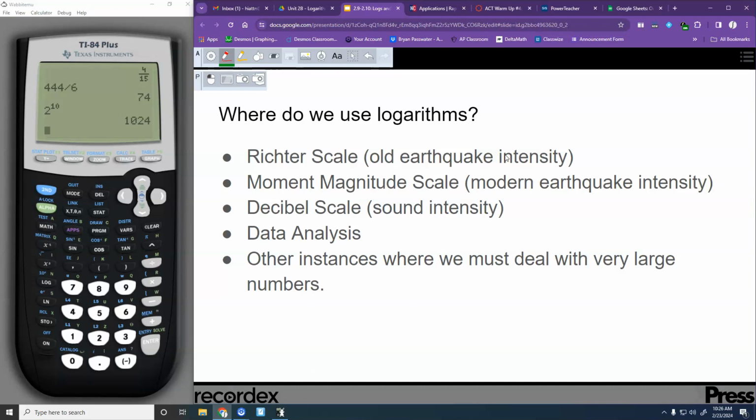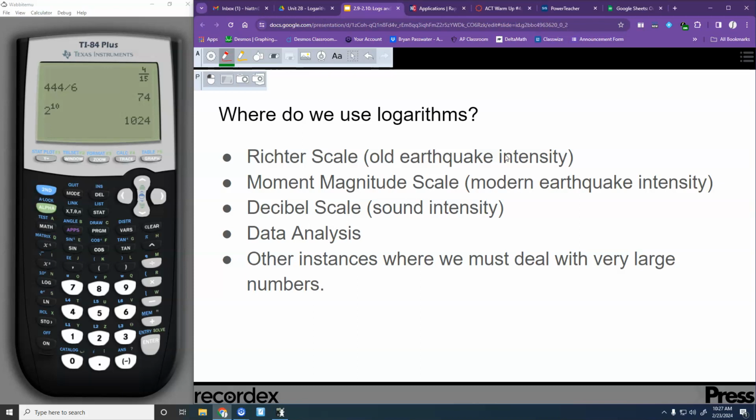The Richter scale is one, although as I was looking up about the Richter scale, I learned that the Richter scale is actually an older scale. We always talk about, if you hear about earthquakes, you probably talk about the Richter scale. But we actually use a slightly different scale these days that is called the moment magnitude scale, because the Richter scale actually does not measure really strong earthquakes very well.